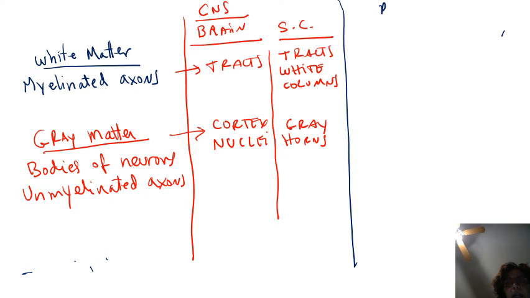In the PNS, white matter is found in nerves. Gray matter is found in structures called ganglia.